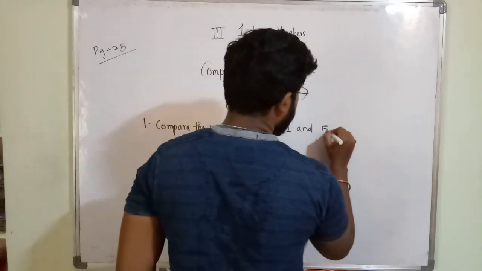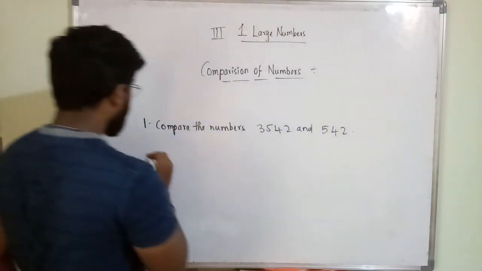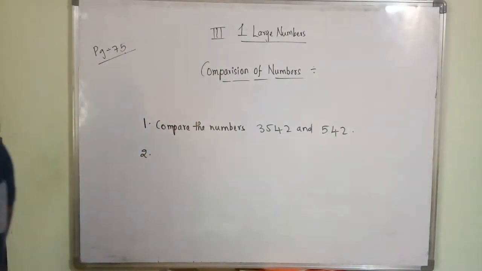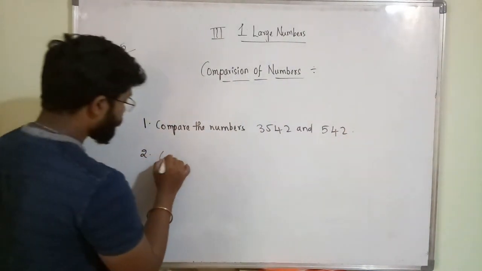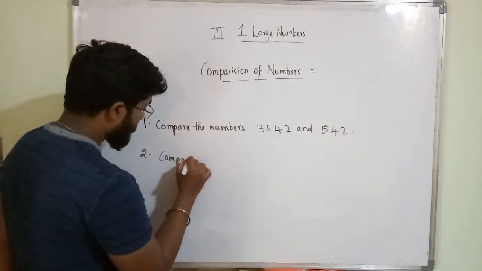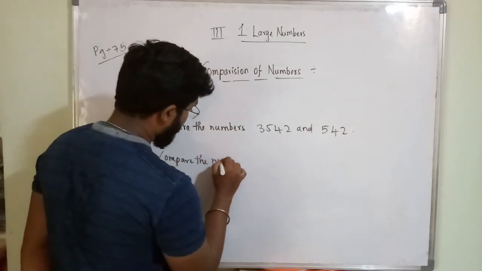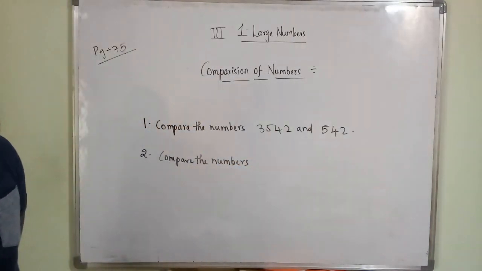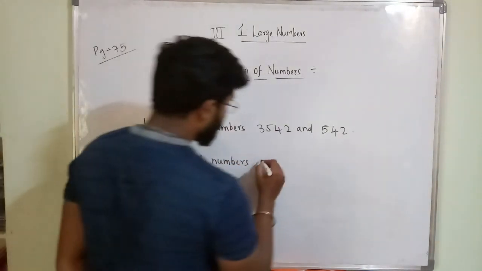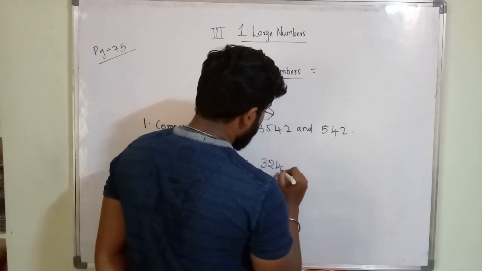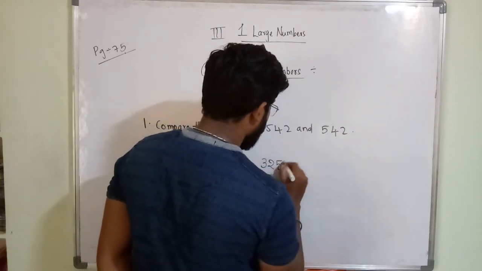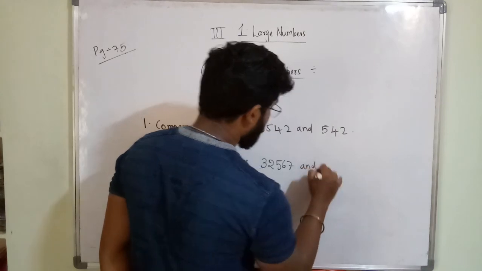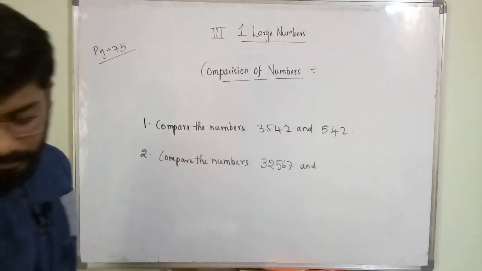In the second he has given: compare the numbers 32,567 and 32,548.